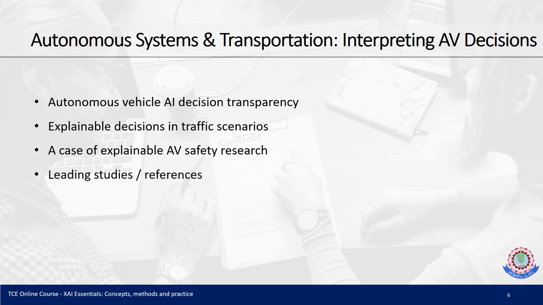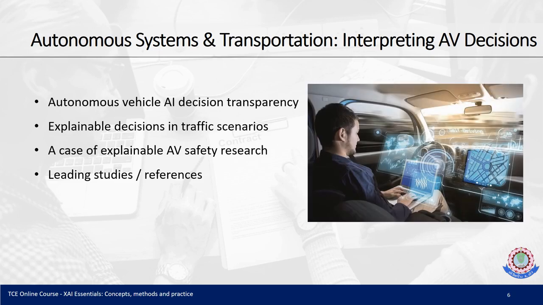Researchers have studied frameworks that explain autonomous vehicle decisions by breaking down sensor inputs, environmental conditions, and confidence measures, helping engineers and regulators understand why a particular action was taken. For example, stopping at an intersection due to a pedestrian detection or an animal crossing, or anything.